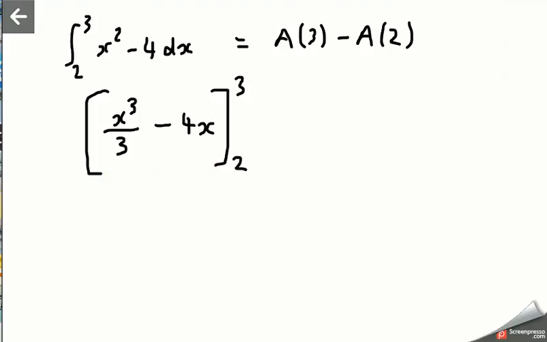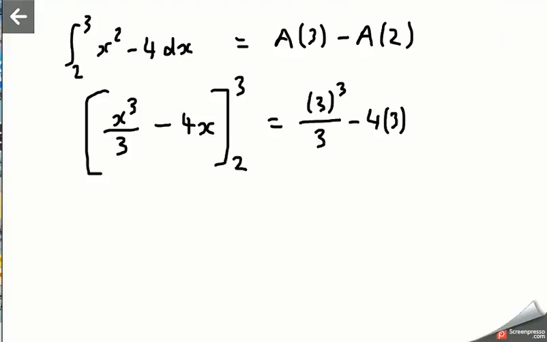So now what this means is that we take the thing inside the box, and we put in 3, x equals 3, so we got 3 to the power of 3 divided by 3 minus 4 times 3.